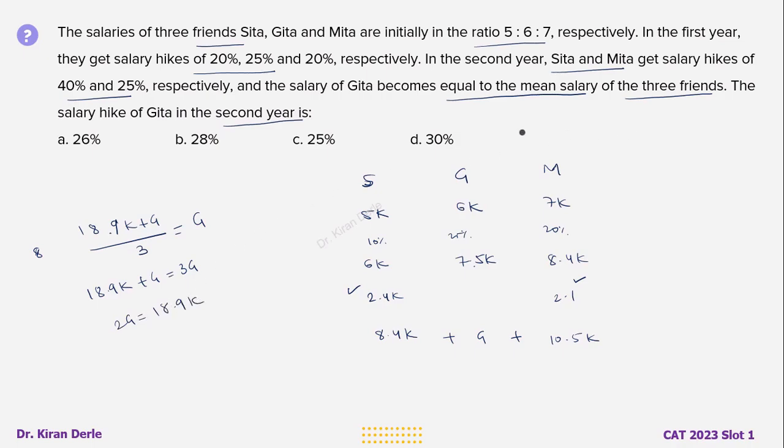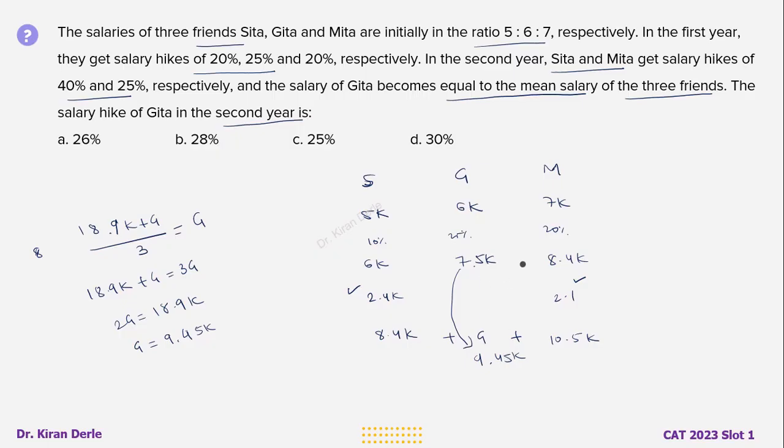Right? What we want is the salary hike of Geeta in the second year. So we want the value of G. Okay, G will be 9.45k. Value of G is equivalent to 9.45k. Fine. What we want is, what is the salary hike here?